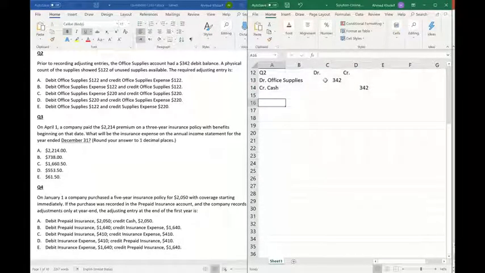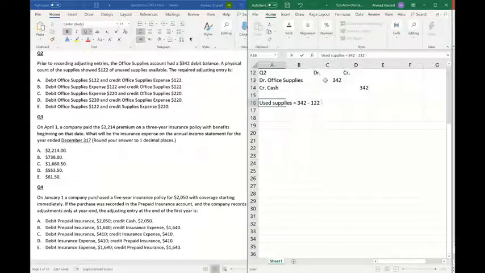What we need is the adjusting entry, which is made at the end of the year. We need to do the adjusting entry with the amount of supplies that is used. So we need the available supply, which is 342, minus the supplies that are unused and still available, the 122.